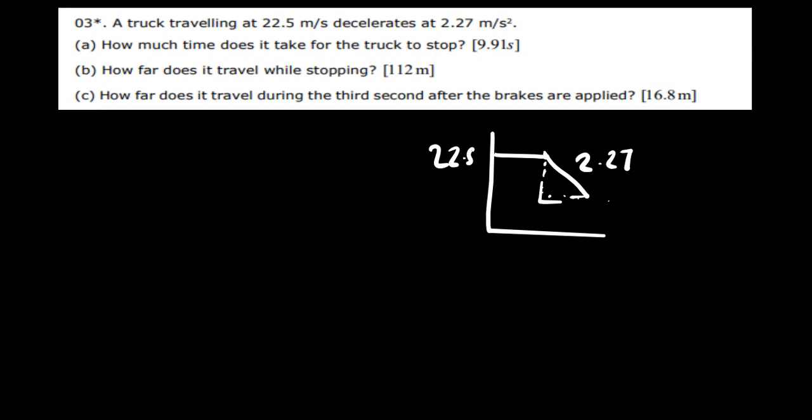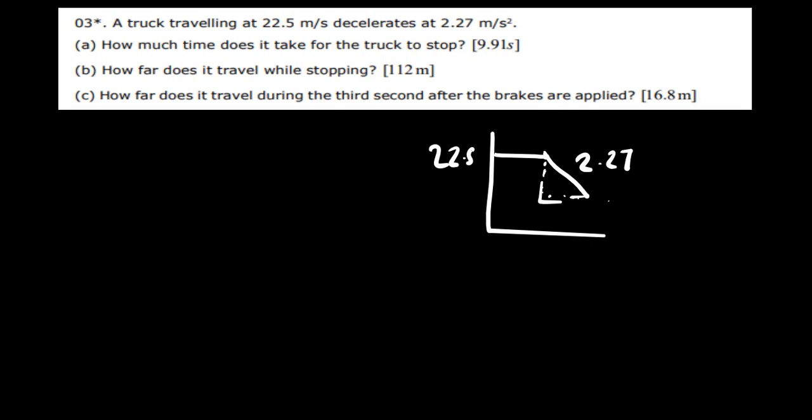So how are we going to do that? Like I said, to find the distance traveled during the 3rd second after the brakes are applied, we need to calculate the velocity at the end of the 2nd second, and then use it to find the distance traveled during the 3rd second.